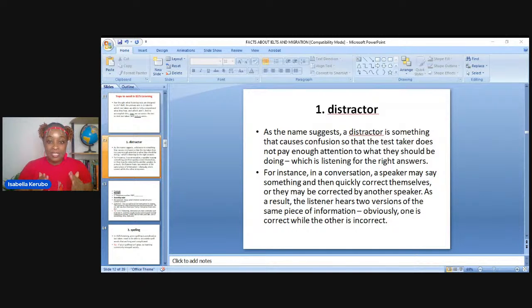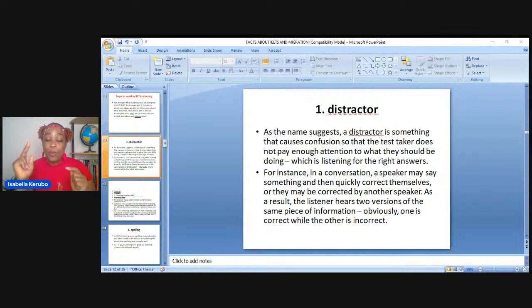All the questions come with specific instructions. You will either be told, use one word, or in not more than 2 words, or in not more than 3 words.